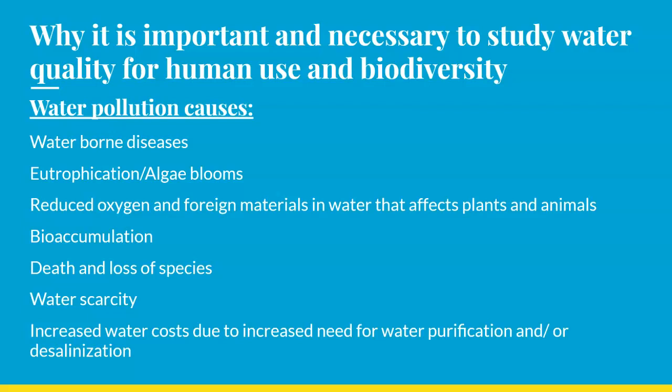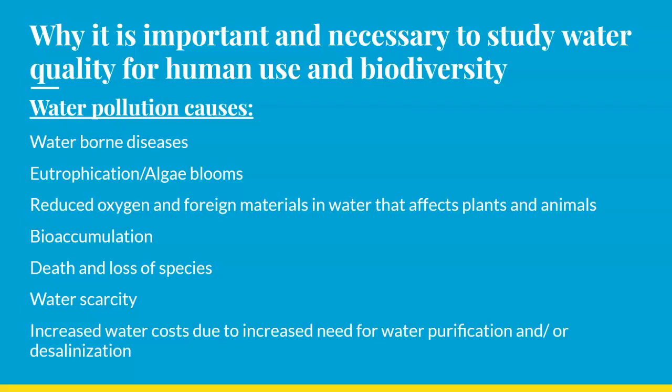It can also cause eutrophication, which is when there are too many nutrients. The algae blooms, which can reduce the oxygen in the water, killing off fish and making the water not suitable for consumption. The reduced oxygen and introduction of foreign materials or compounds or chemicals in the water can be detrimental to plants and fish and kill them, which can result in the death and loss of a species.